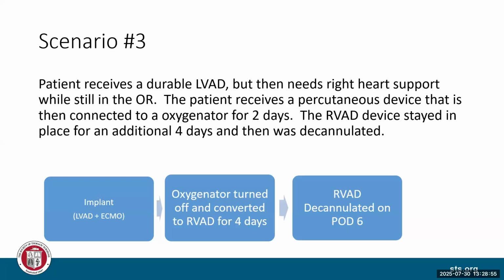Right. So Neelam's question is, the patient gets an RVAD with an oxygenator in the OR. So on your implant form, you would add your LVAD, and under concomitant, you would select that there was ECMO, and then you put in the details, VV or VA ECMO. And then once the oxygenator is turned off, that's when they want the RVAD to be added into the database.